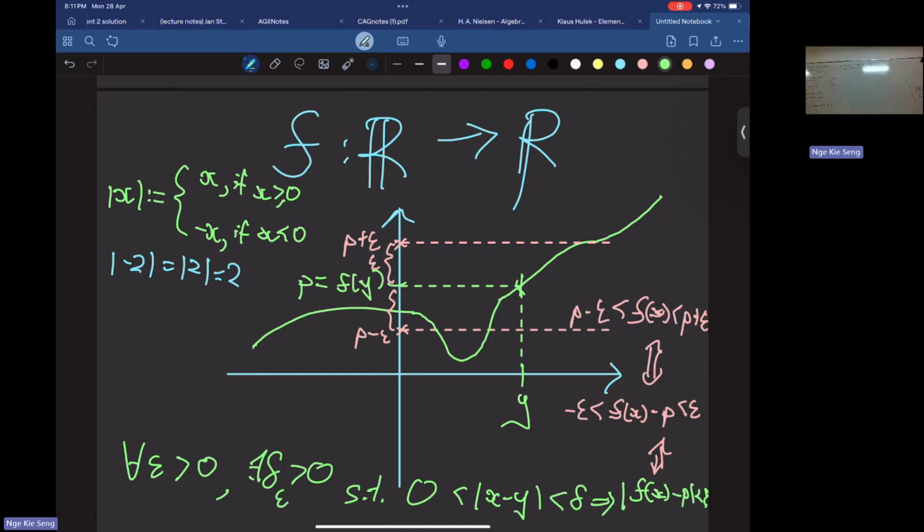Can anyone tell me what this p part here refers to? Anyone open up this absolute value for me? x minus y lesser than delta.